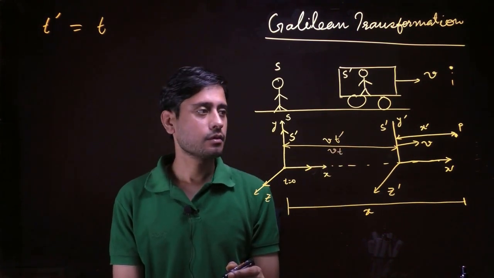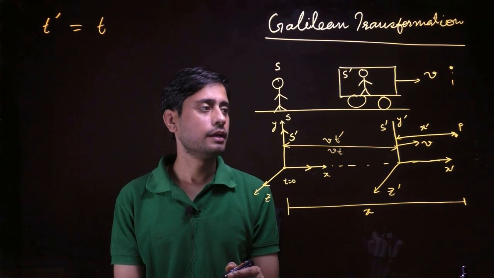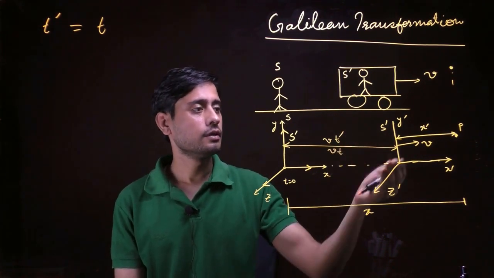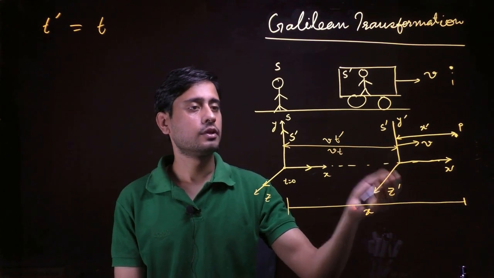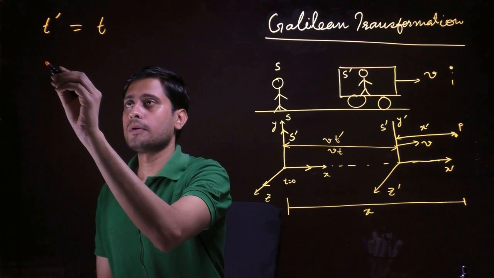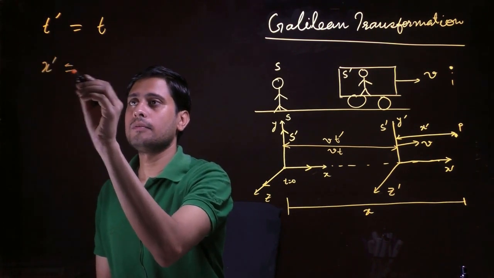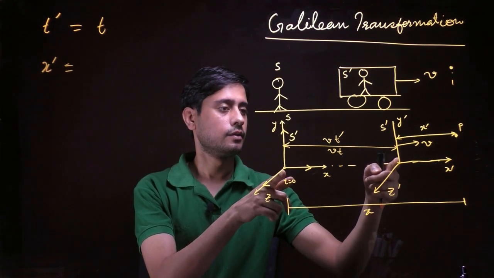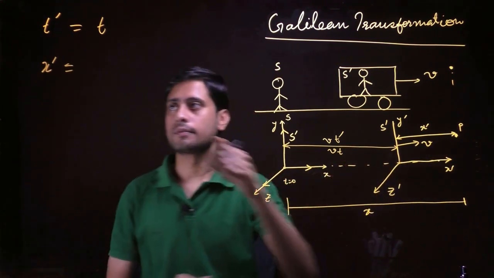So we will write x prime, the coordinate in the S prime frame, with respect to the coordinates in S. So x prime will be equal to this distance minus this distance, which will give you this distance.